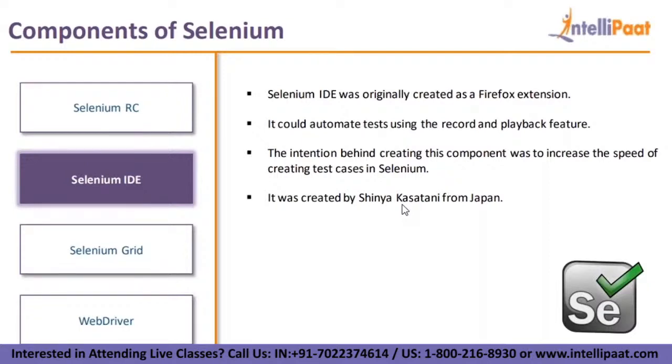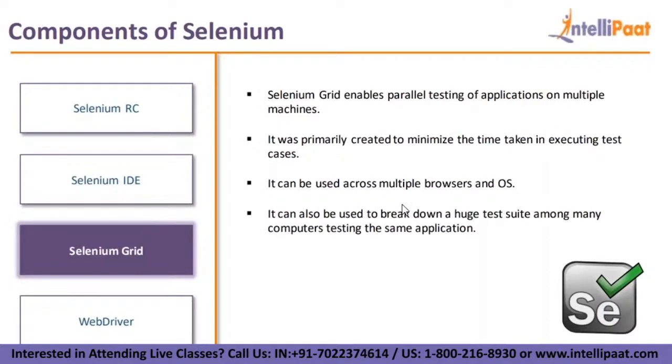Now the next component was Selenium Grid. Now because there could be multiple parts of an application that have to be tested, the time taken by the automated test also was long. Why? Because there were so many components to be tested throughout an application once a release was done.